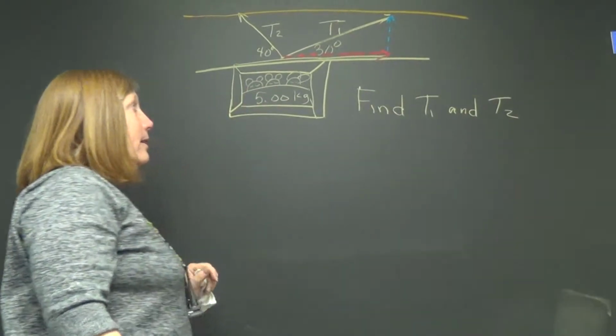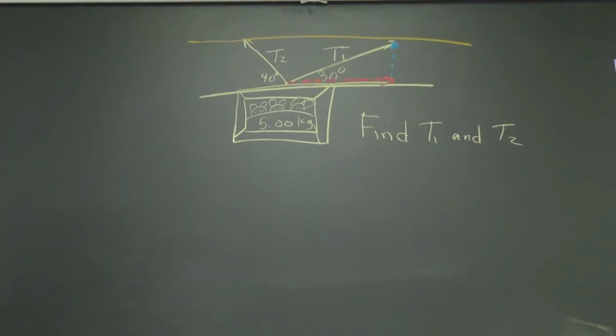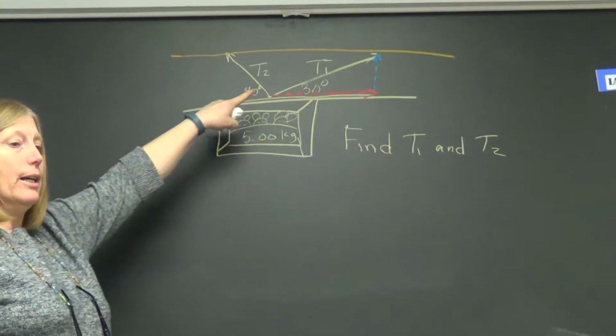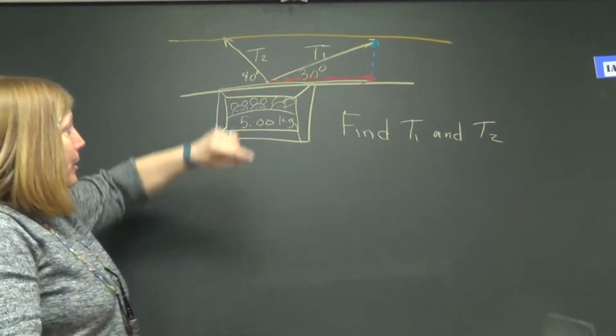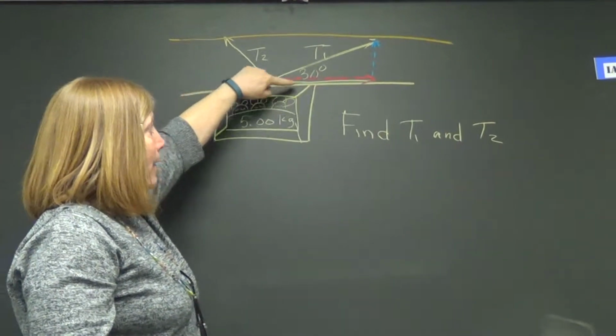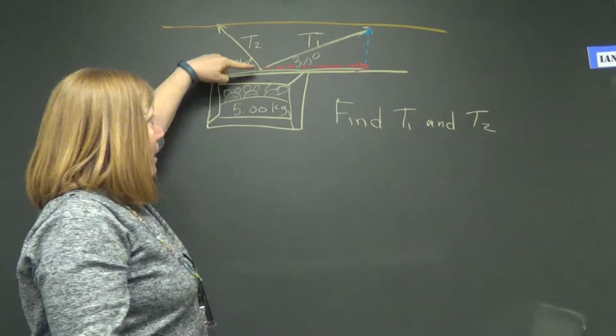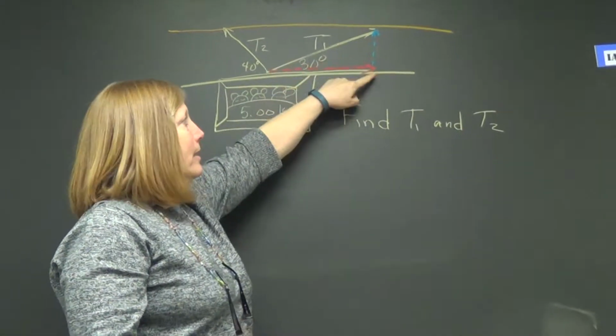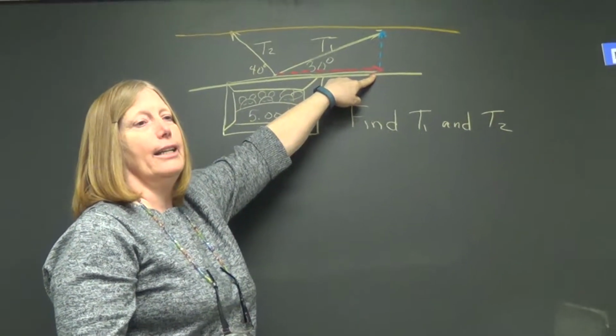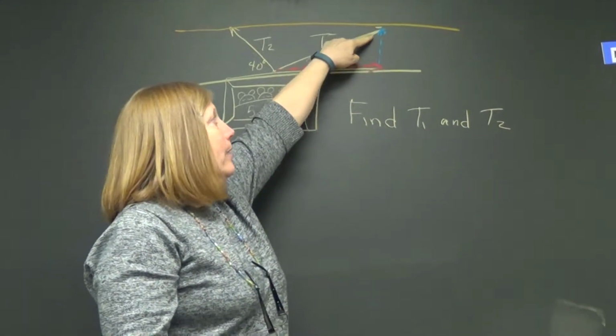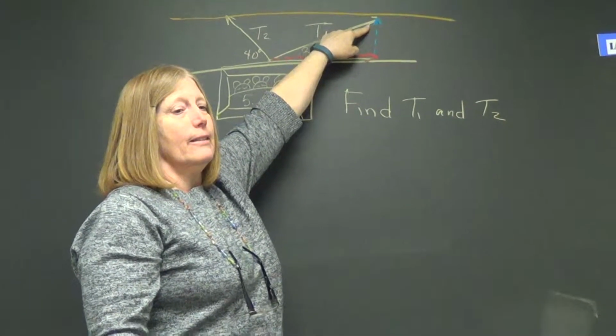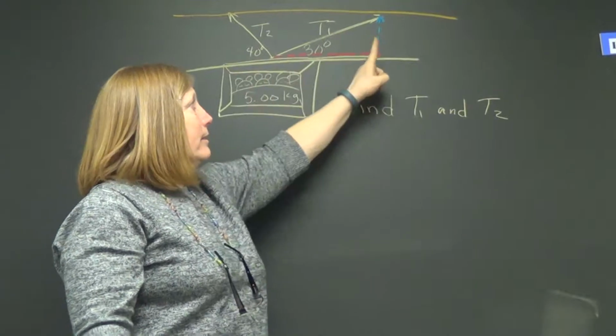So I'm doing the horizontal and vertical component of T1. Notice it goes from the tail to the head, because you have to know what direction these are going in. So put an arrowhead on the red and an arrowhead on the blue. So, like that.